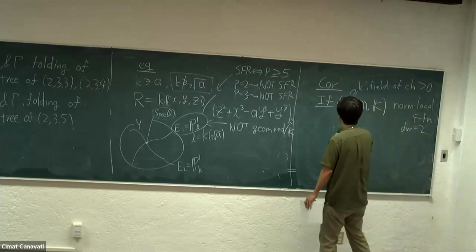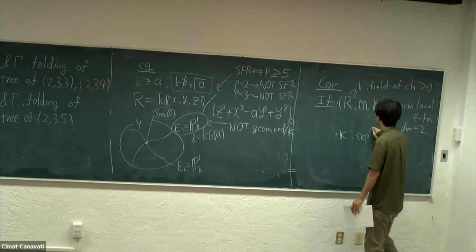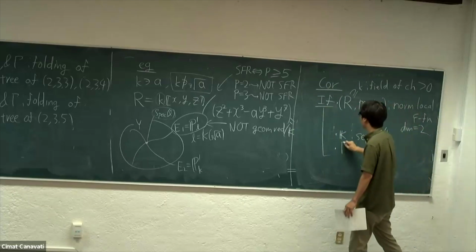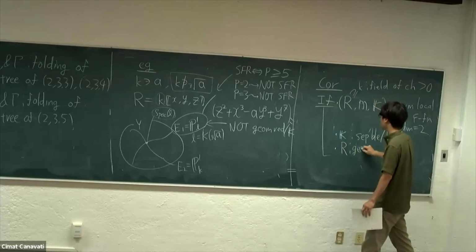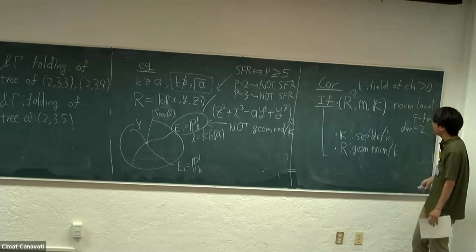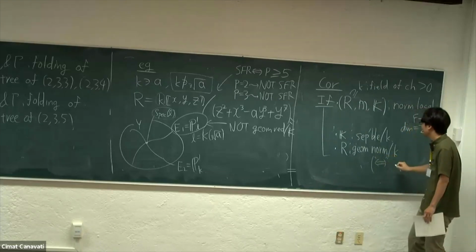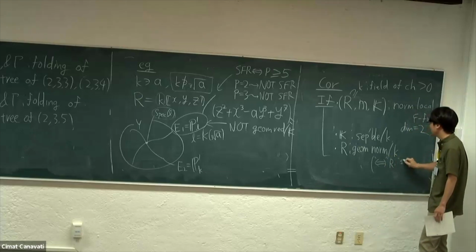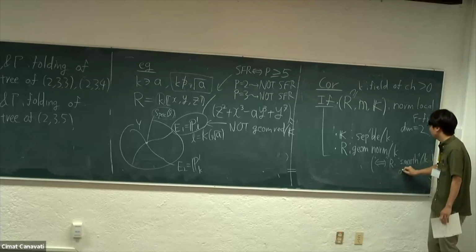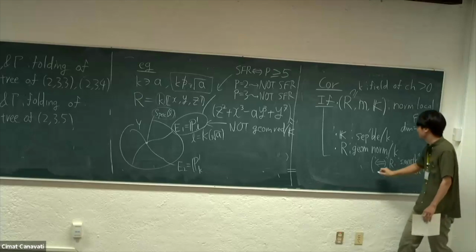We further assume that the residue field is separable over small k, and we also assume that R is geometrically normal over k. This is essentially equivalent to R being smooth over k outside of the maximal ideal.